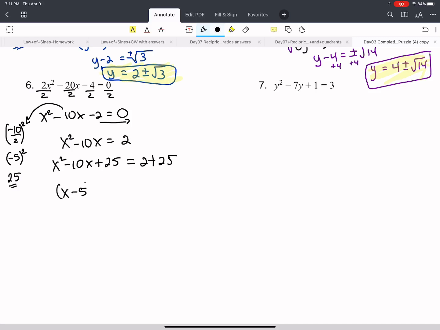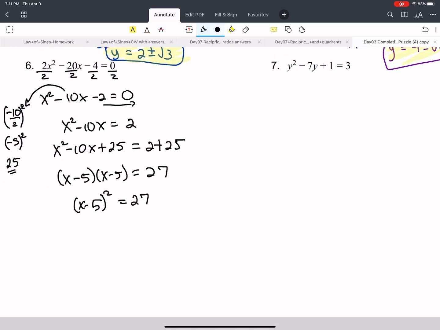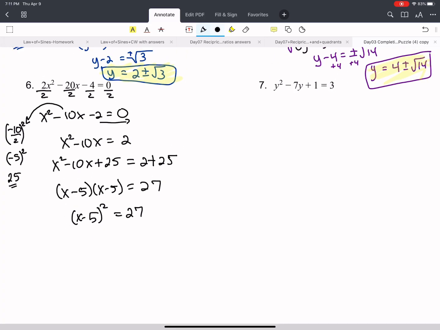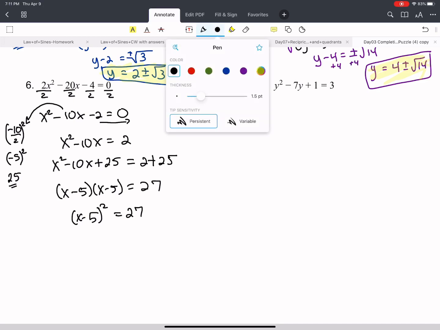X minus 5 squared equals 27. And then I can write it as a single term that equals 27, with a square. And then you have square root both sides. I like to change the color.